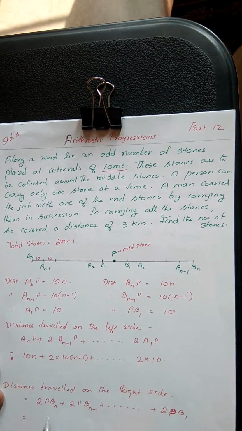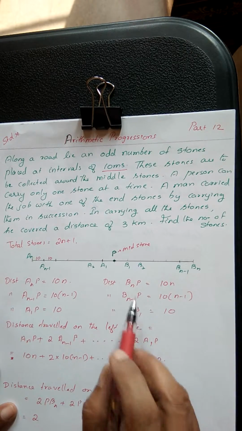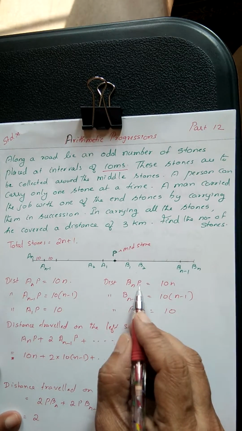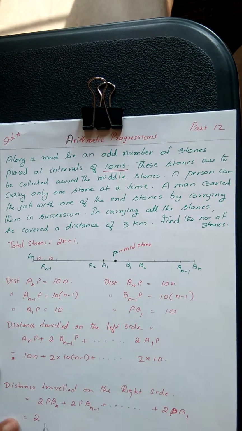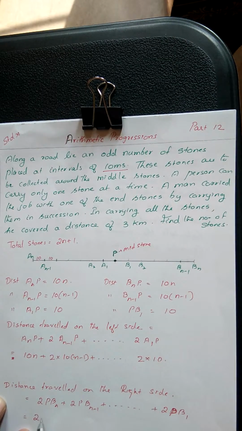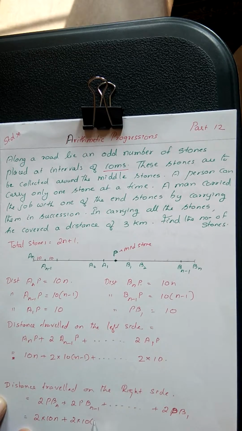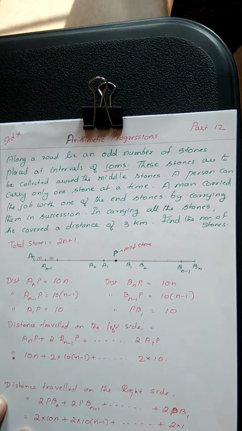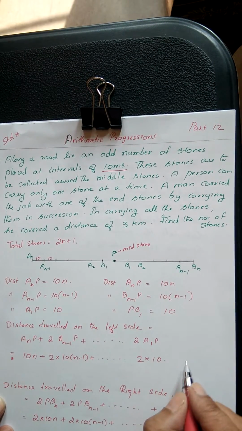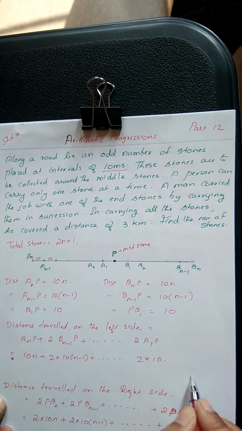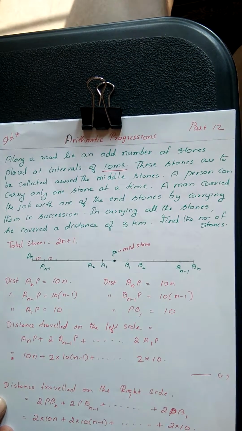So this will be 2 PBN, which is 2 into 10n, plus 2 into 10 into n minus 1 and so on, plus 2 into 10. So this is equation 1 and this is equation 2.